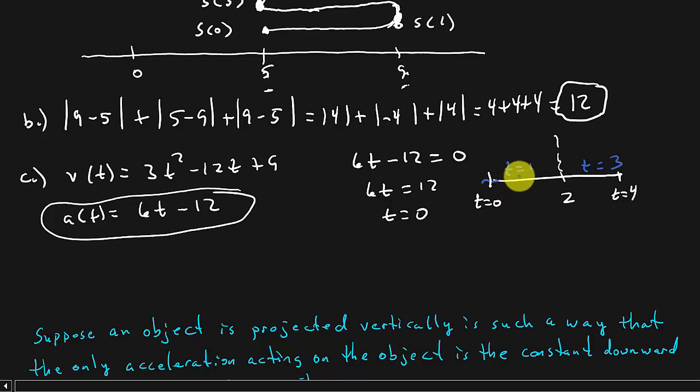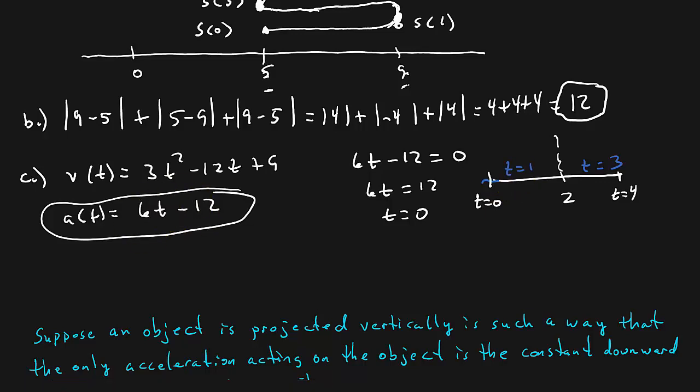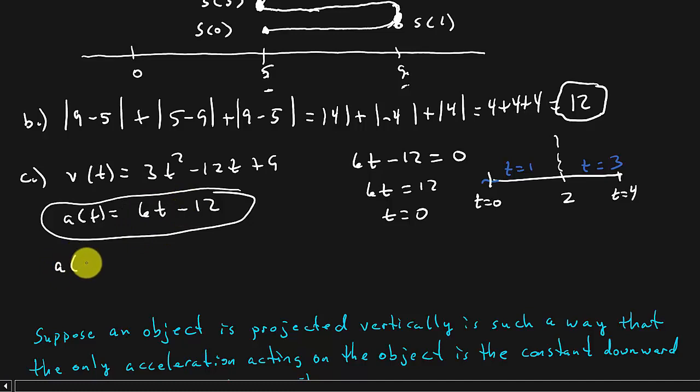So if I take the t and plug it into my acceleration, look at this. A of 1, I'm taking this 1 here, plugging it in, that's going to give me 6 times 1 minus 12, which we can see that's negative, right? That's negative there.